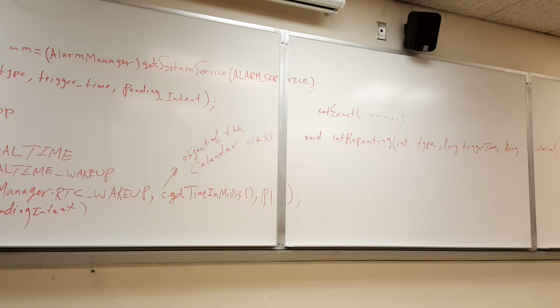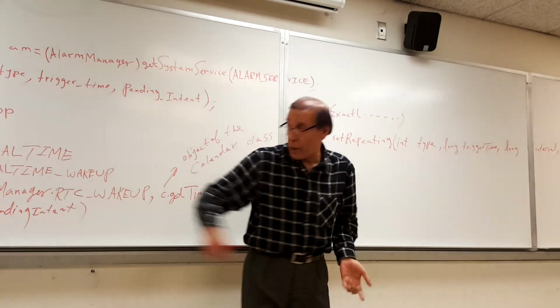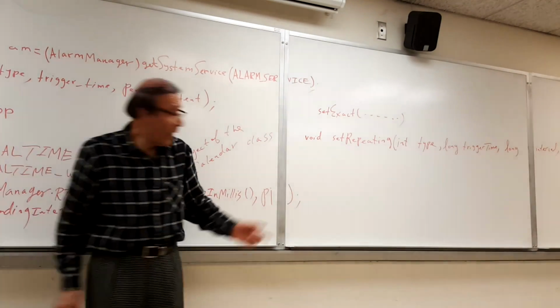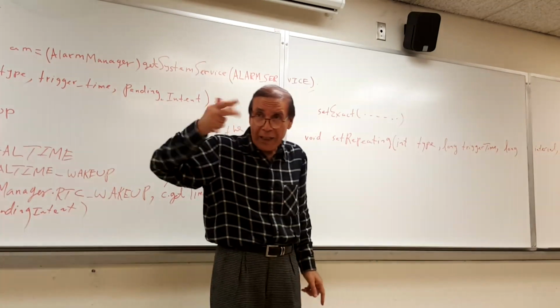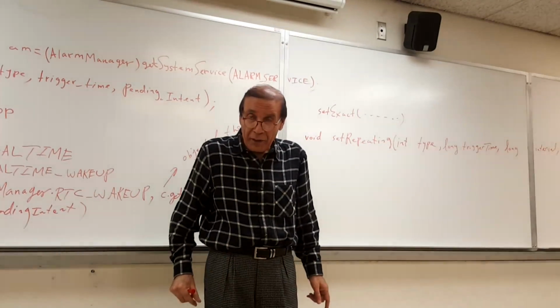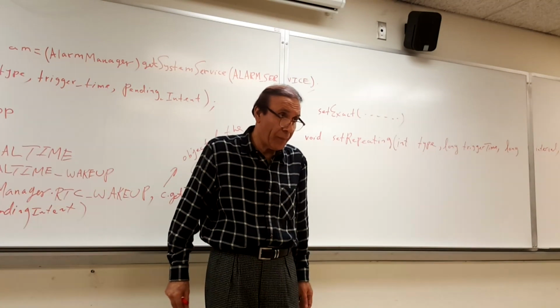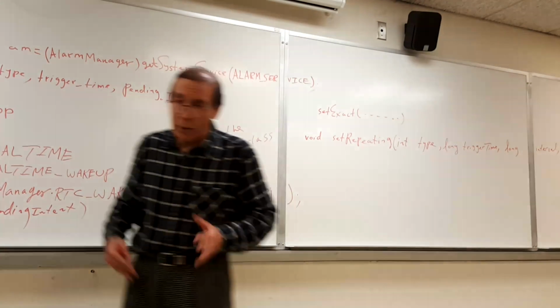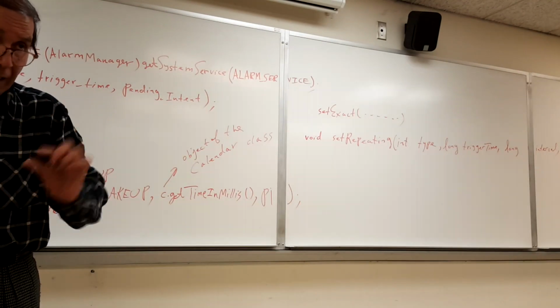Again, based on what we discussed about set, the same happens in set repeating. The timing is a little bit off in most modern versions, okay? Clear? And we discussed the reason behind that, why the timing is not exactly at the time that you want.